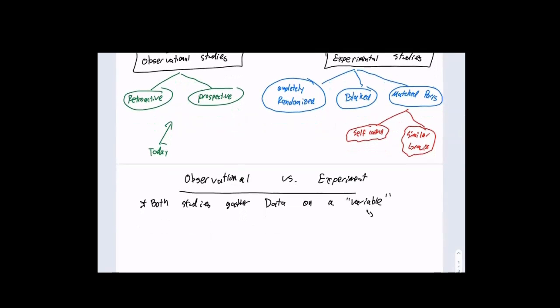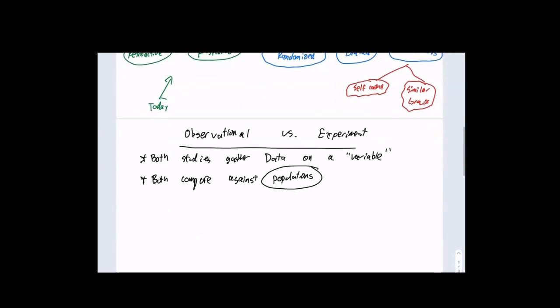And more importantly, both compare populations against each other, and the populations are determined by a categorical variable difference.